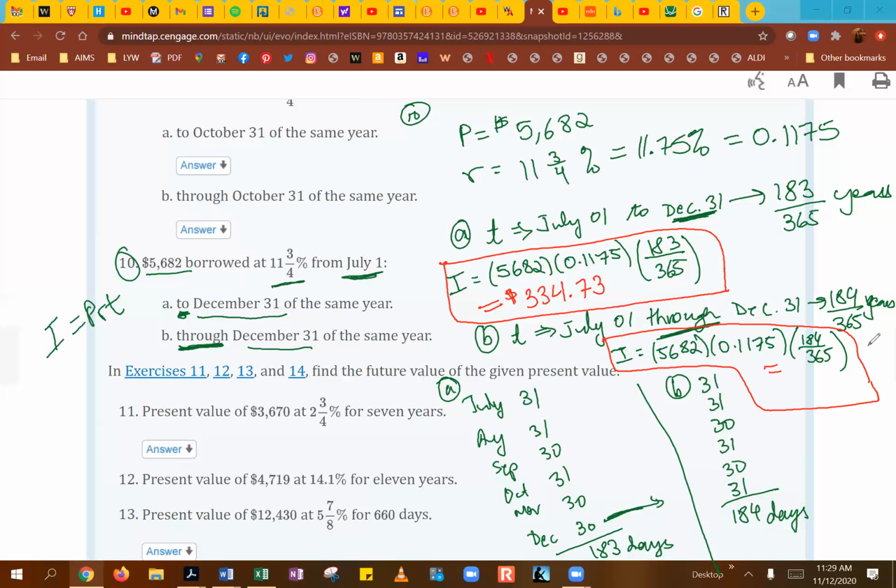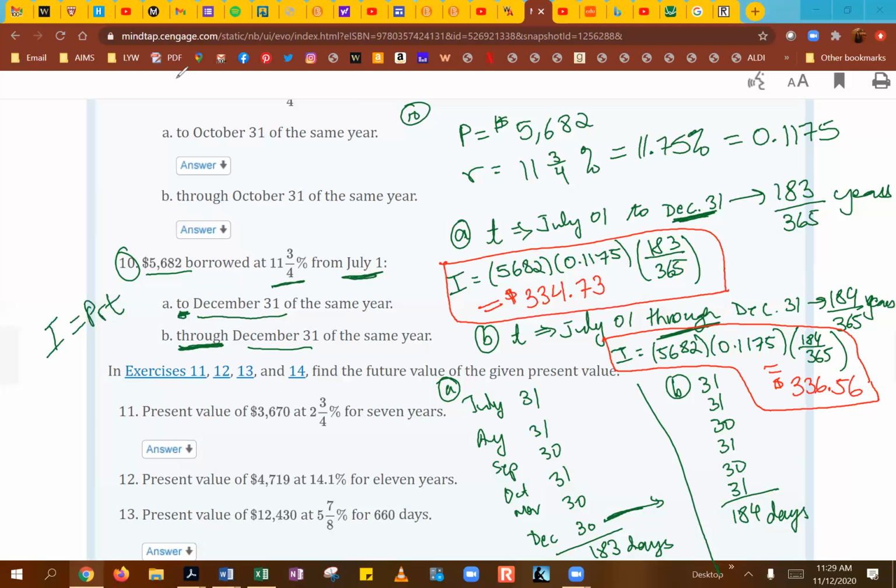Okay, let's see, $336.56. It's going up just a little bit, isn't it? $2 and some odd change, or maybe just under $2. Alrighty, very nice. $336.56.